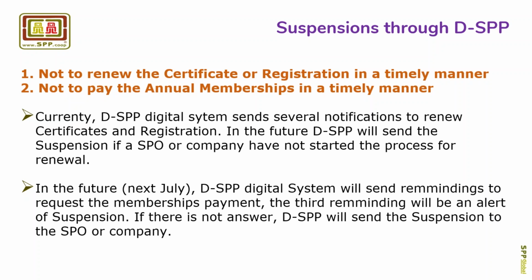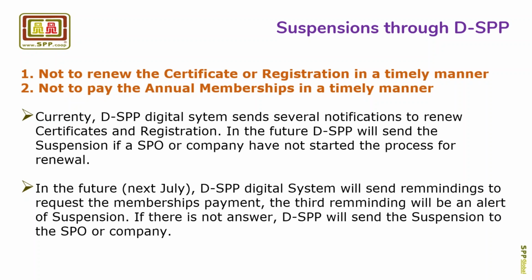And in the second scenario, the SPP digital system will send the suspension or cancellation if the small producer organization has not paid the SPP membership. But previously, the SPP digital system will send reminders, and the third reminder will be an alert of suspension.